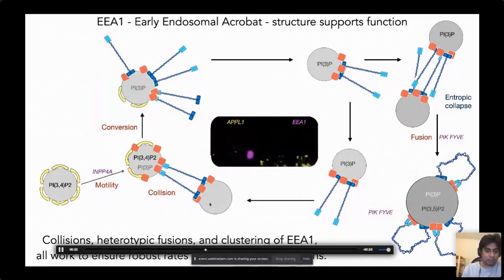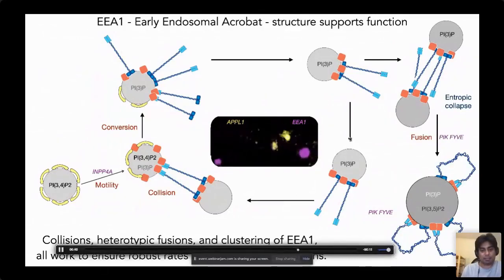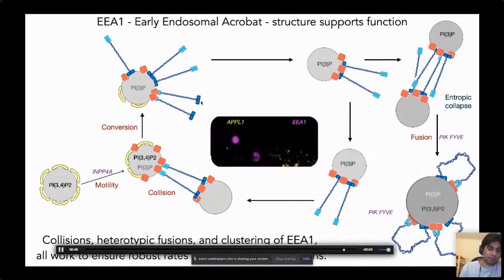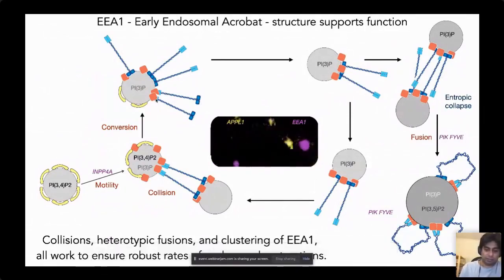And so these endosomes collide with incoming new endosomes that have mostly N-terminally bound EEA1 on them. And this results in an endosome that has both the populations, which then matures, right? So this kind of cycle keeps happening, and this essentially tells us that EEA1 acts as an early endosomal acrobat, where this exquisite structure of C-terminal and N-terminal is designed to execute these collision-mediated conversion behaviors.